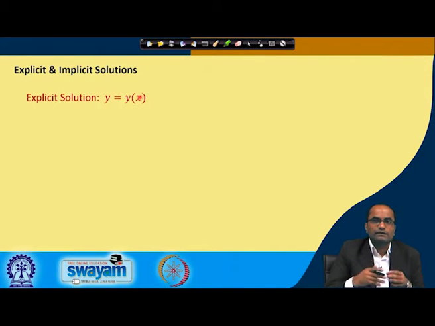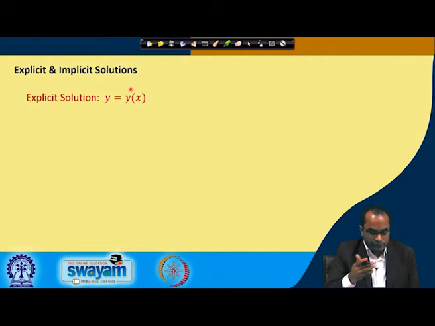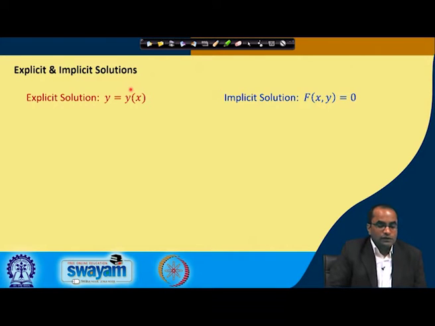So, if we get out of our differential equation the solution in this form, that y is equal to a function of x, and in case of the implicit solution we get a relation of x and y, a relation here which satisfies the given differential equation, and therefore, this is called the implicit solution.